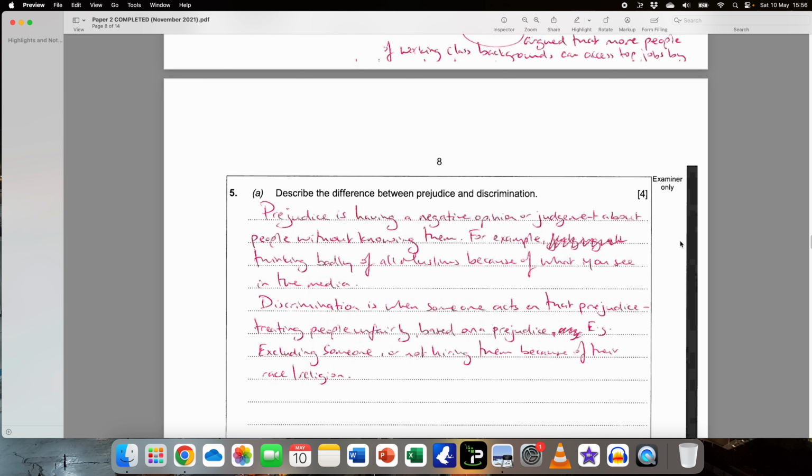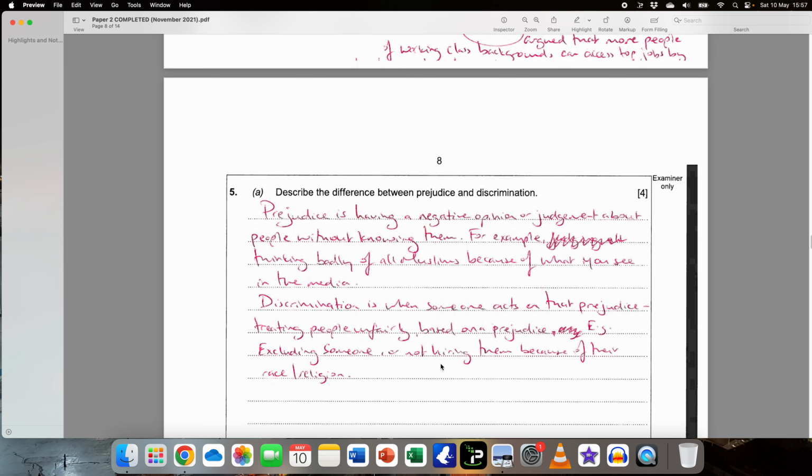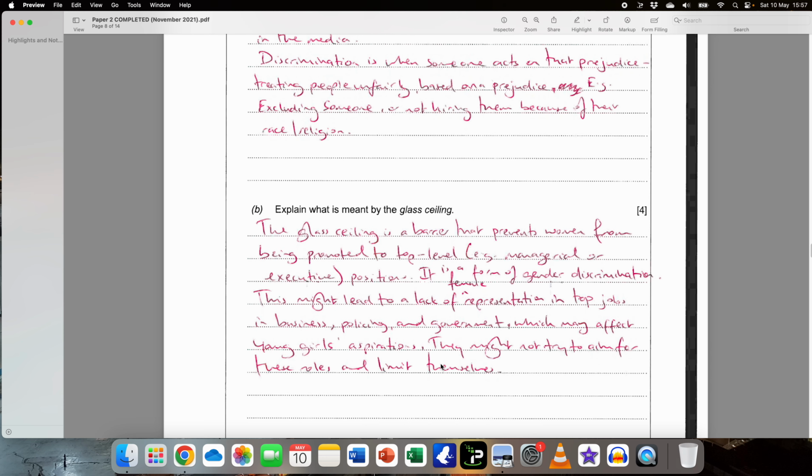You don't like someone, so you don't hire them, maybe because of their race or religion. So 1 mark for the prejudice definition, 2nd mark for the example, 3rd mark for the discrimination definition, 4th mark for an example. All right.